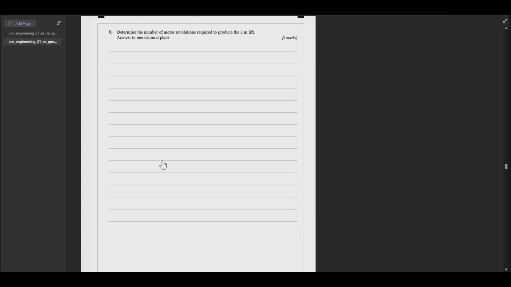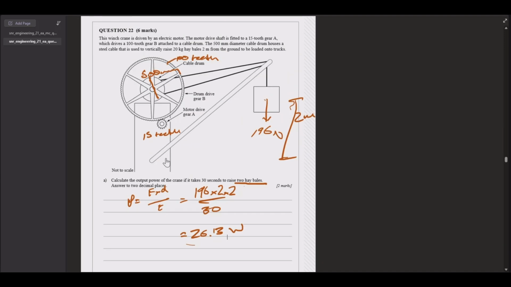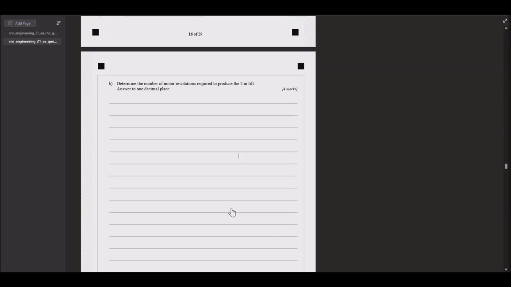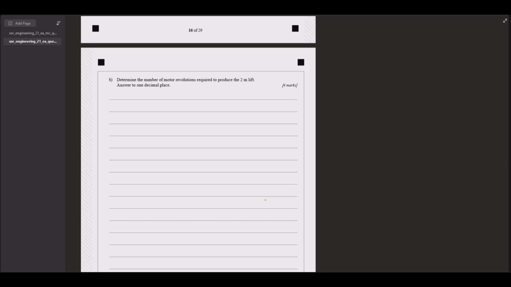Motor revolutions. Alright. So the first thing that we're going to need to do is figure out the circumference of this drum, because the circumference is going to dictate how much one revolution of B moves the hay bales. So circumference is just going to be pi times diameter, which is 1.571.